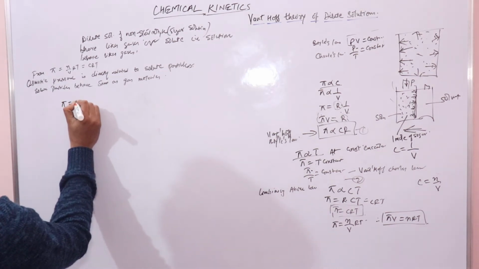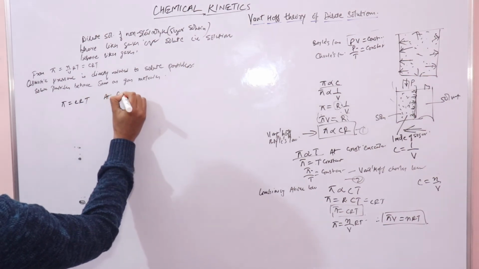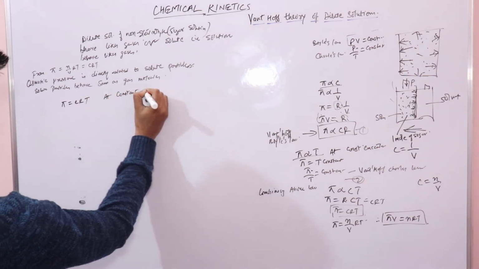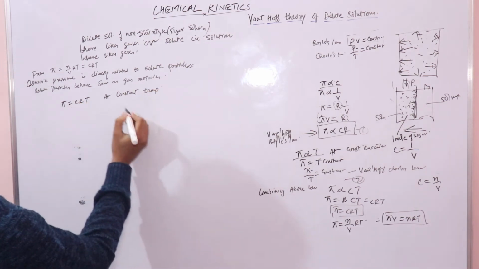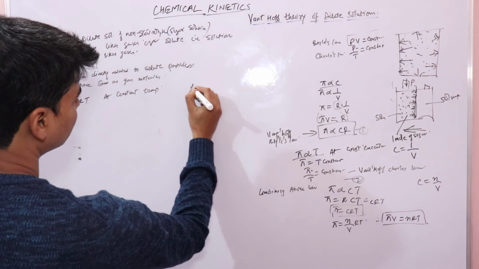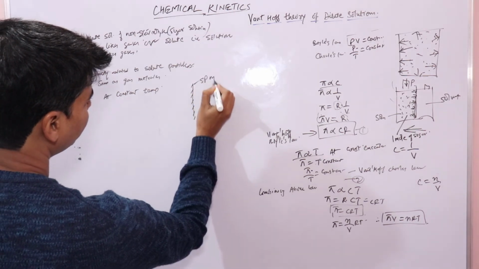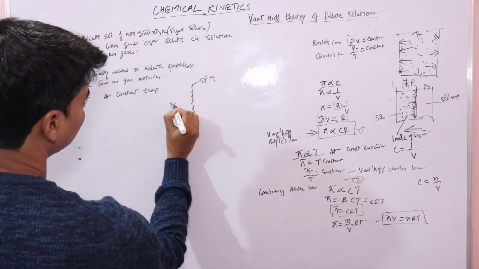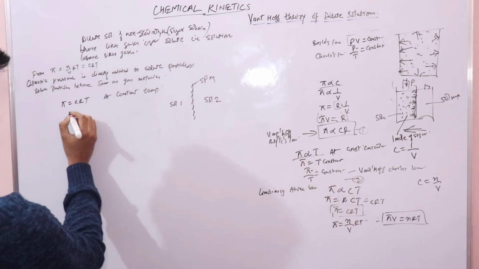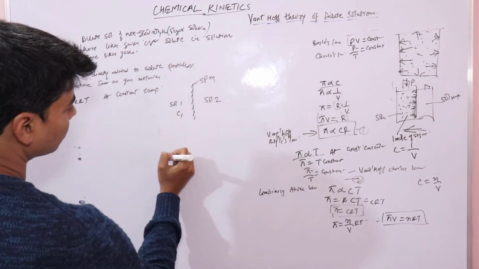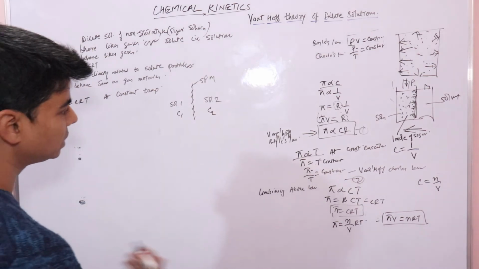If this is pi is equal to CRT, right, at constant temperature, if we take two solutions and separate them with a semi-permeable membrane, we have solution 1 and solution 2, right? Say the concentration of solution 1 is C1 and the concentration of solution 2 is C2.